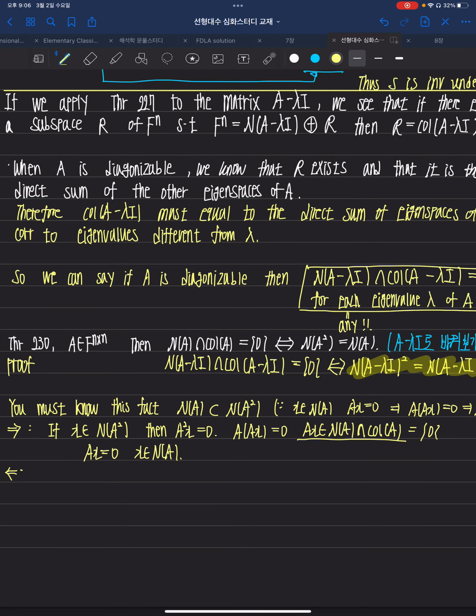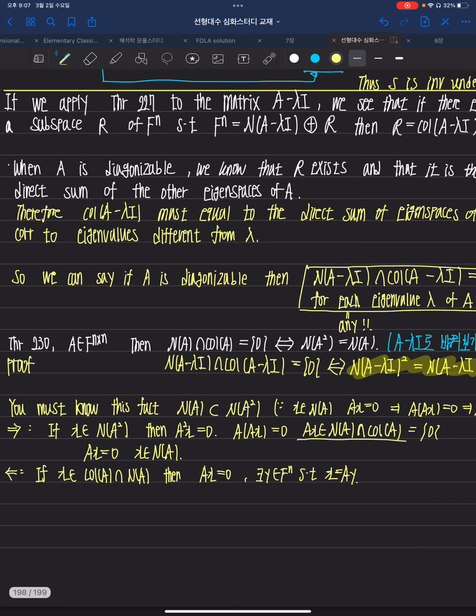Converse direction. If X is in the intersection of the column space of A and the null space of A, then AX is 0 and there is a Y in F^n such that X is AY.